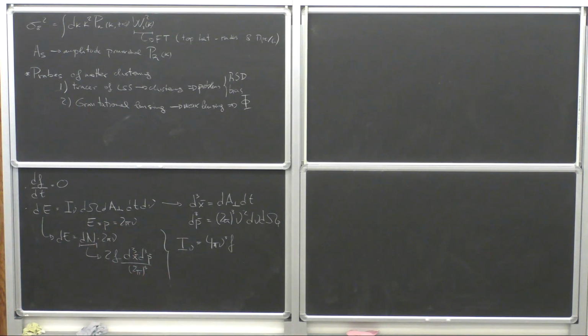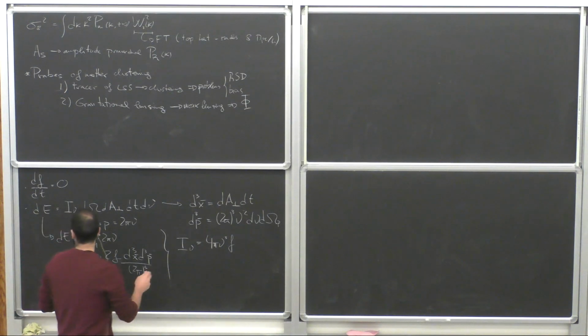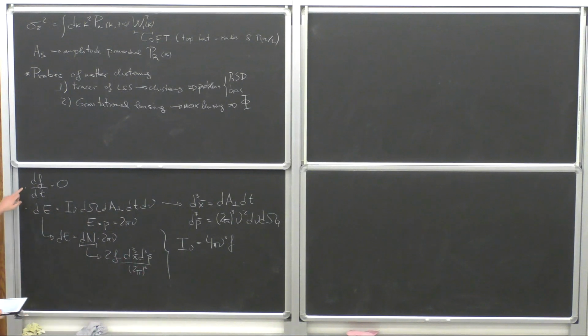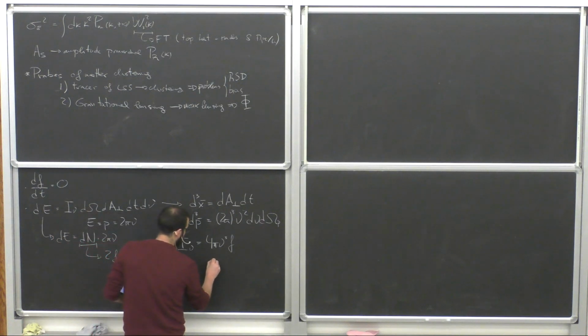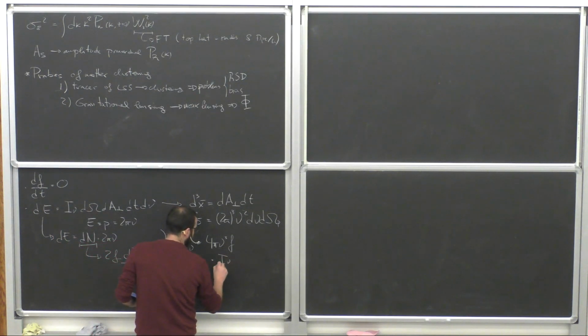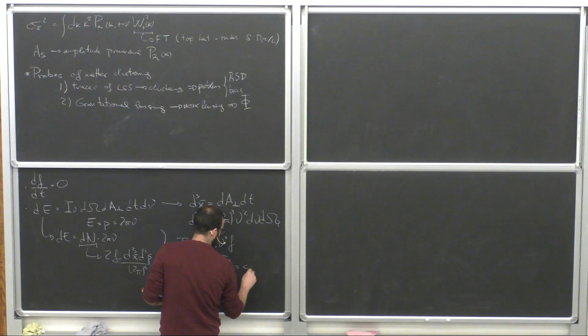And here we already have a couple of very important results. Since we know first that the phase space distribution from the Boltzmann equation is not going to change, we already see here that the specific intensity over the frequency cubed is a constant.